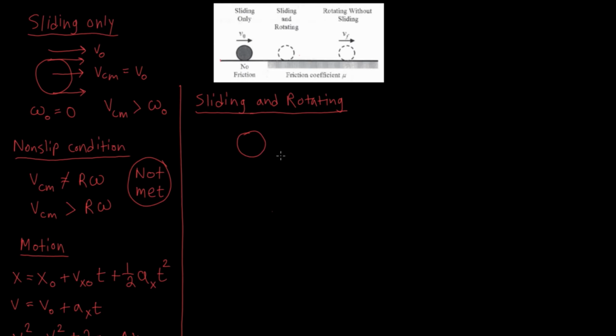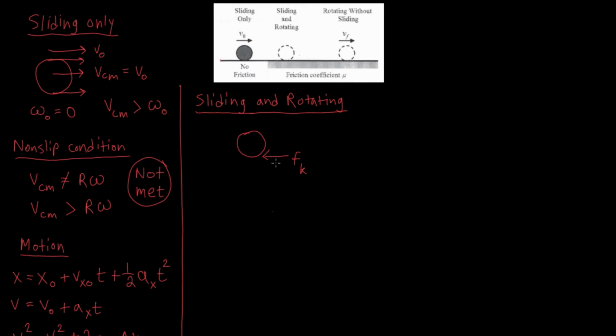So let's draw where the frictional force will point on this diagram right here. Since the surface is rough and it has friction on it, the frictional force will point in the opposite direction to the motion of the object, just like this.